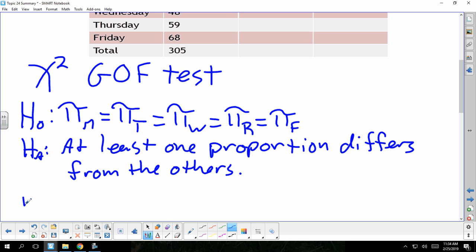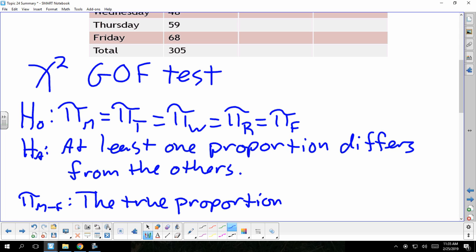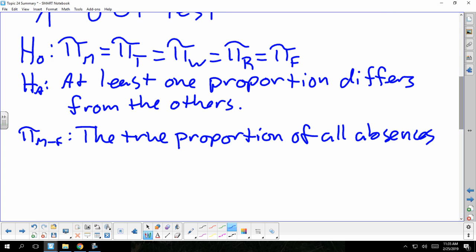And of course, I'm going to define my parameter of interest by Monday through Friday: the true proportion of all absences for a day of the week.